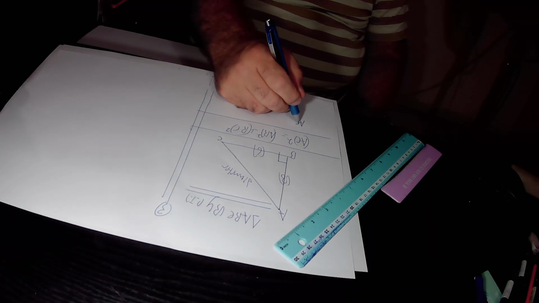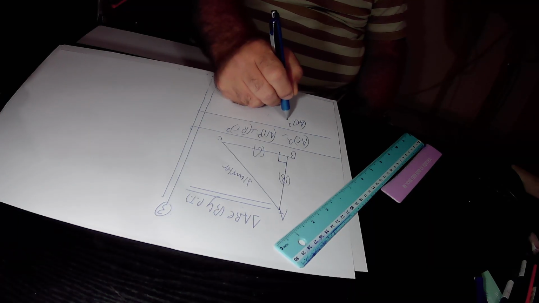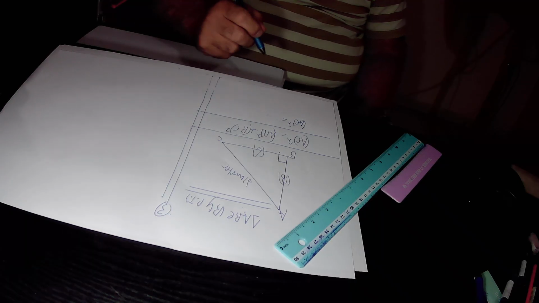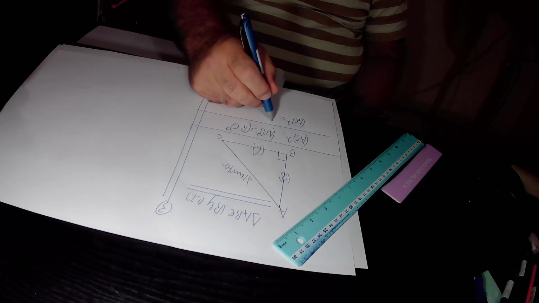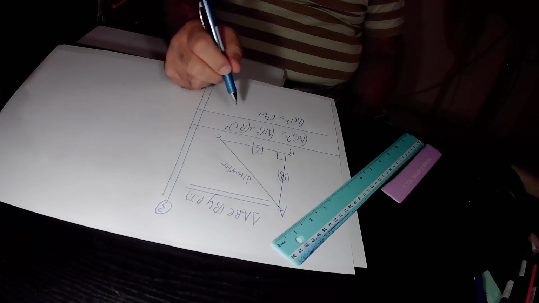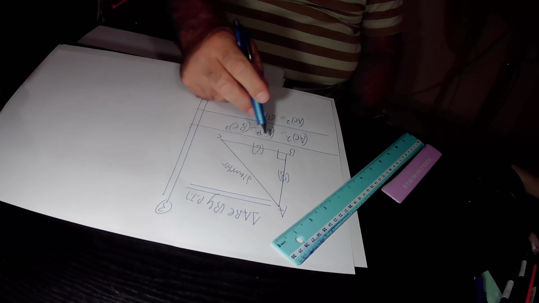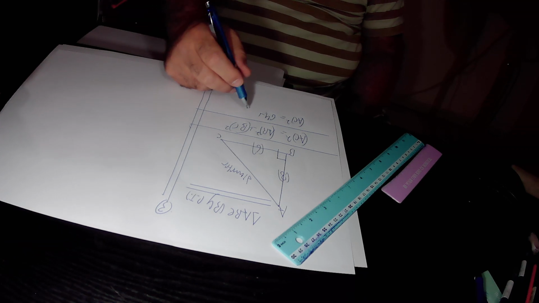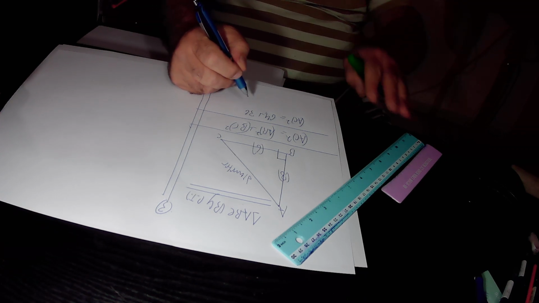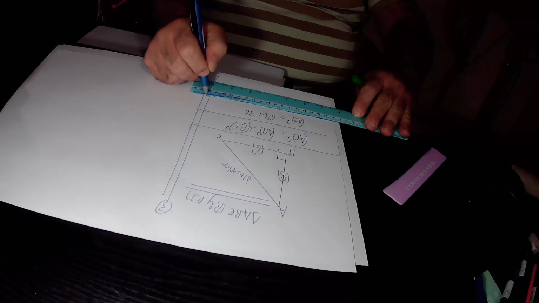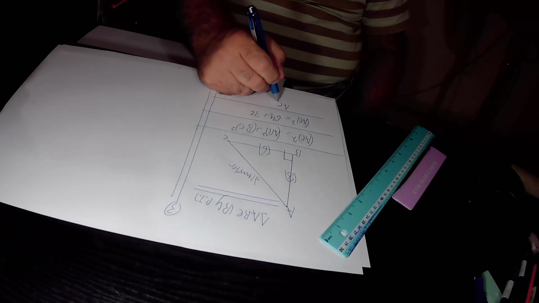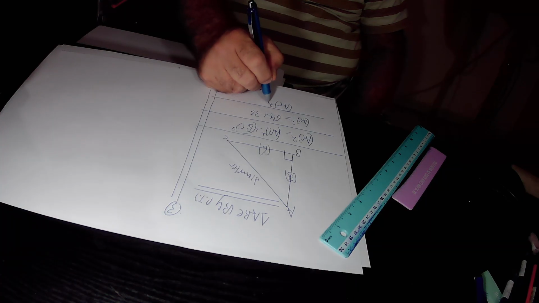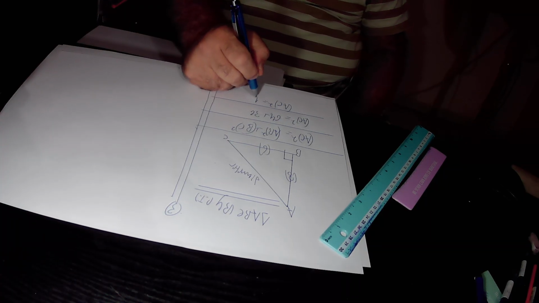So it is AC squared equals AB squared. AB is 8, therefore AB squared is 8 squared, that is 64, plus BC squared. BC is 6, therefore BC squared is 6 squared, that is 36. So in total we found that AC squared equals 64 plus 36. 64 plus 36 is 100.